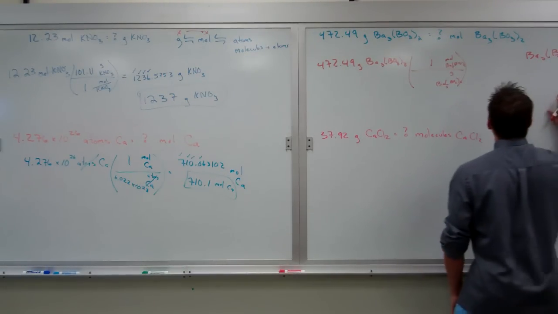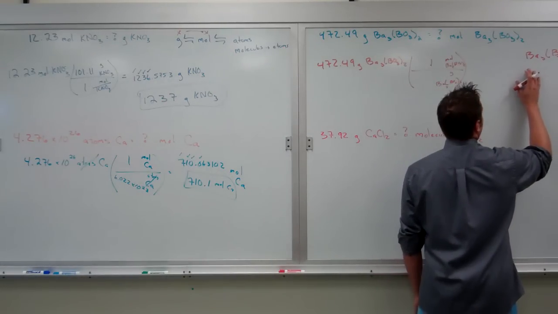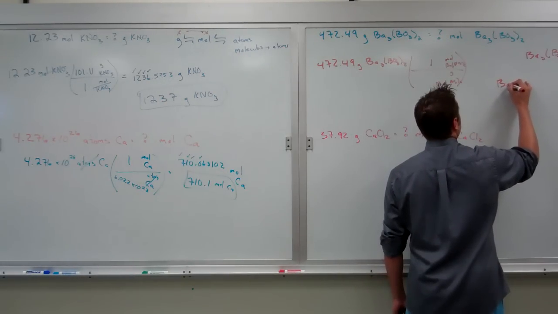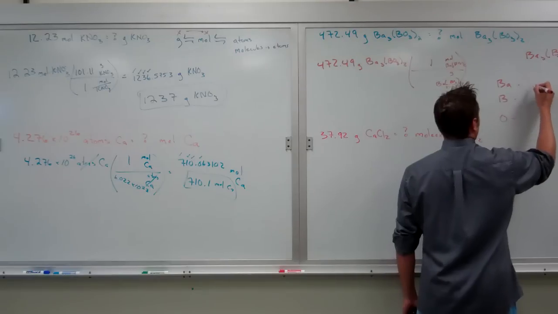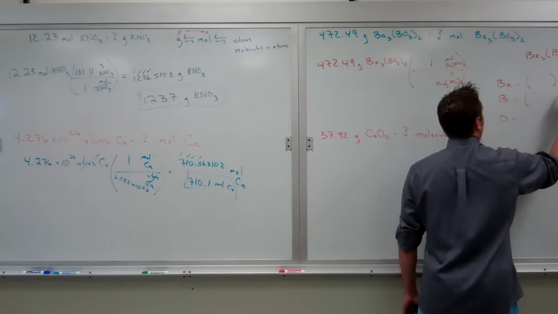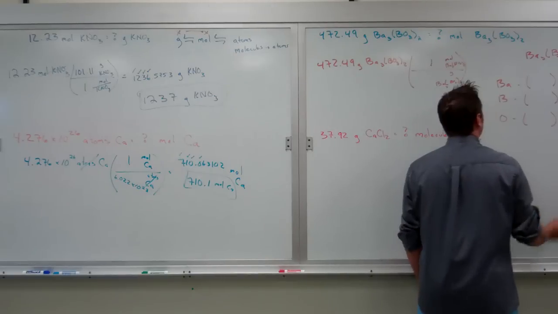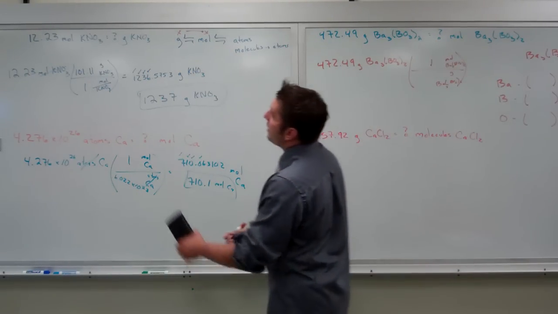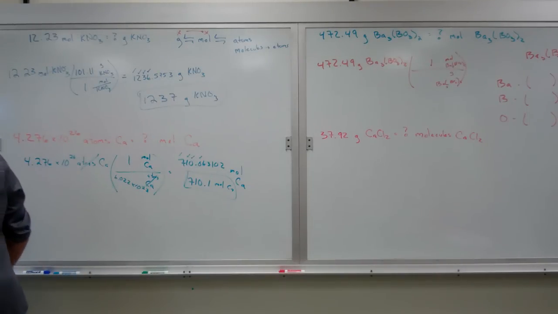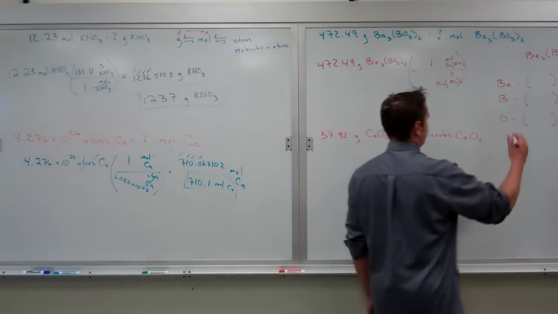So when I figure out how many of each atom I have: barium, I have boron, I have oxygen. Now I'll take their numbers off the table times how many of them there are. Barium off the table is 137.3.